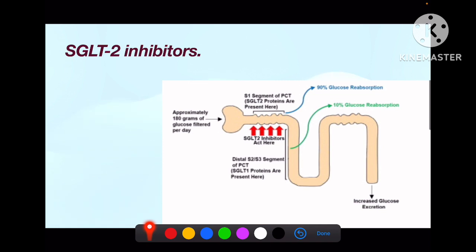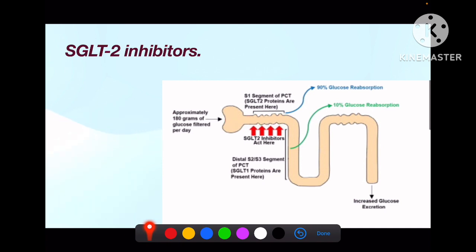I would like to explain how this drug is going to work in your body. In our nephron, in the first segment of the proximal convoluted tubule, there is a special transporter located in that area. We call this transporter the selective sodium glucose transporter 2. What will happen? These transporters absorb 90% of glucose from the fluid which is filtered through the glomerulus, right?